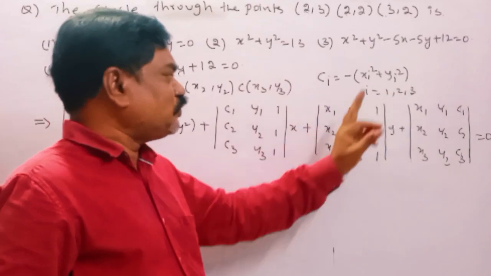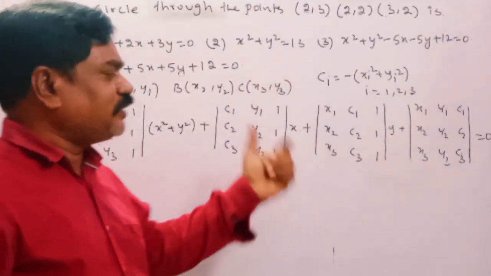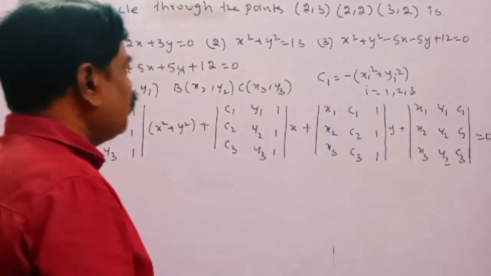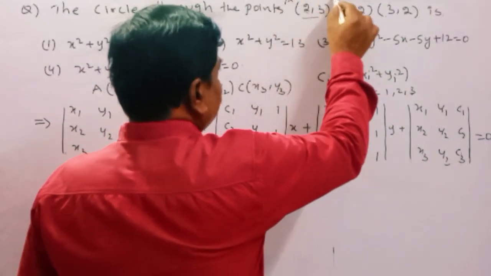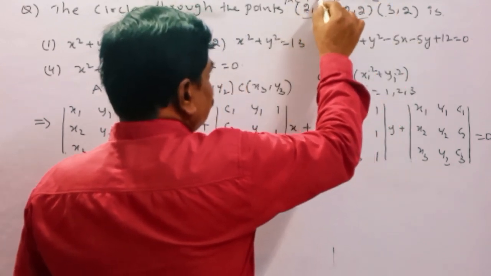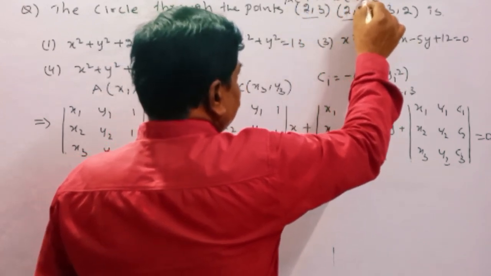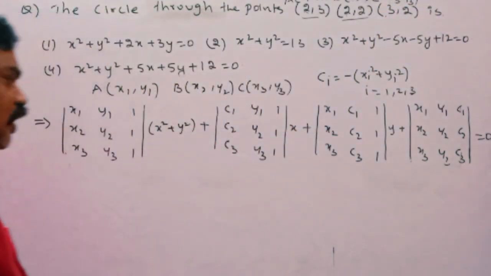If i is 3, minus (x3 square plus y3 square). Like this. So here we have given 3 points: this is the A point, the B point, the C point, (x1, y1), (x2, y2) and (x3, y3). Okay, all of you.